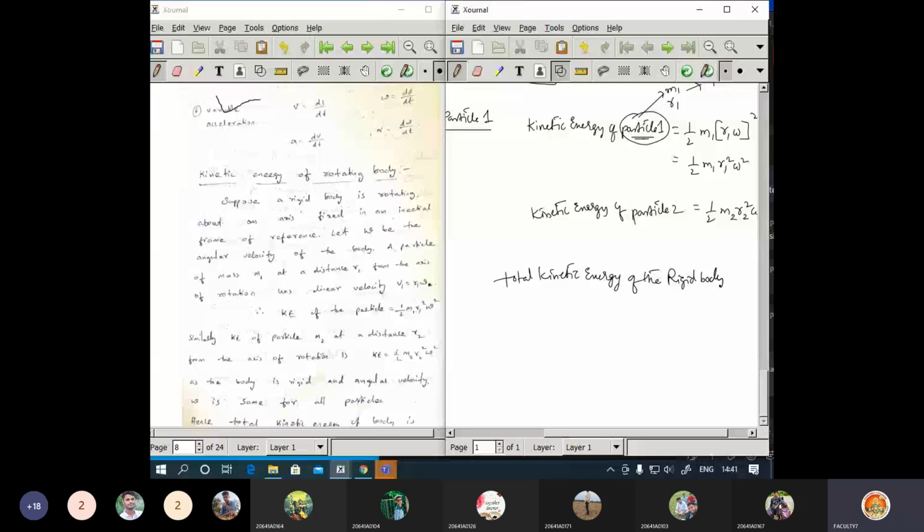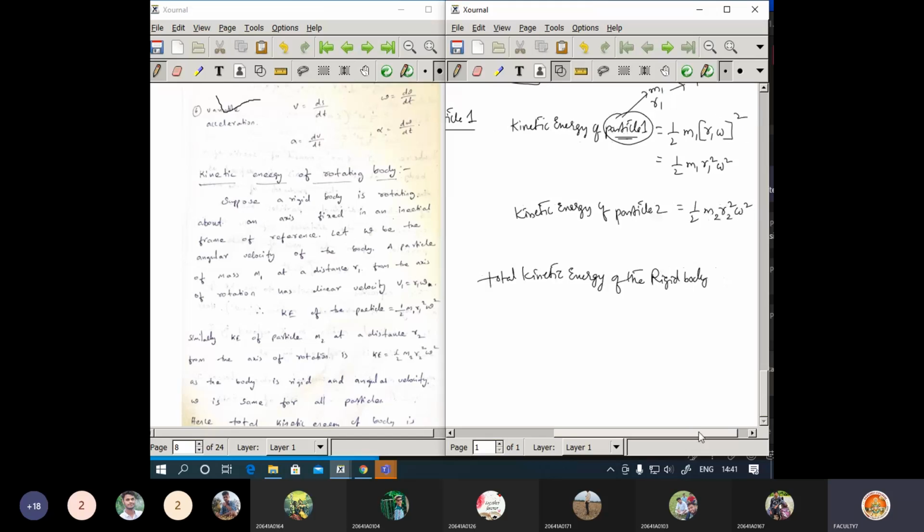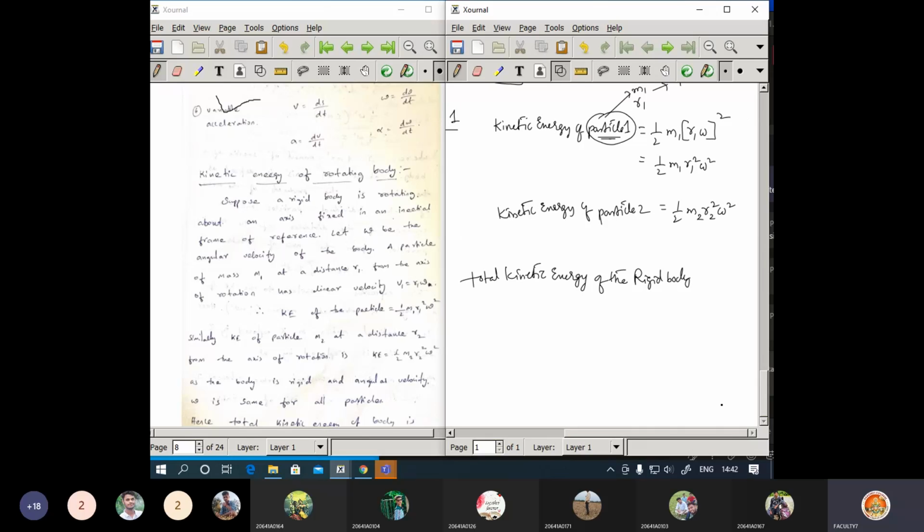If you have only two particles, the total will be the sum of these two, 1 and 2.